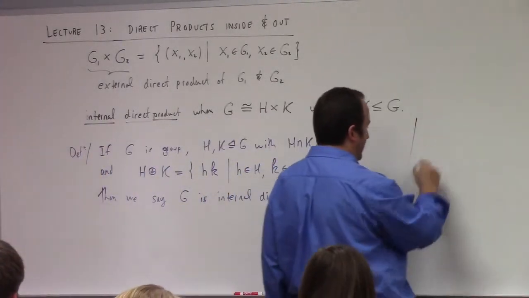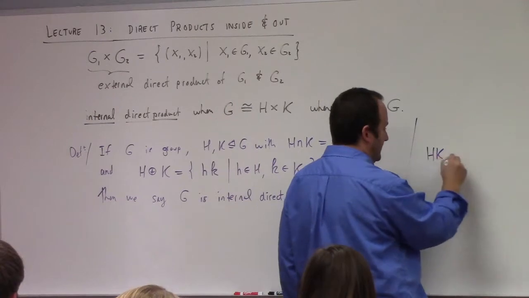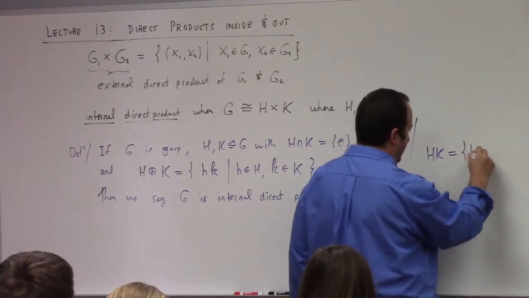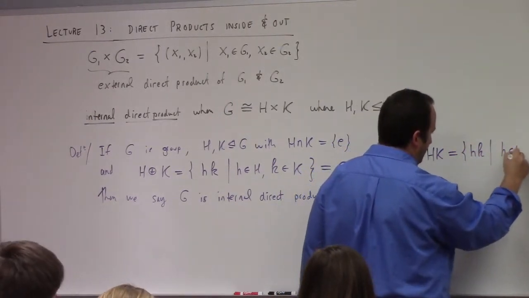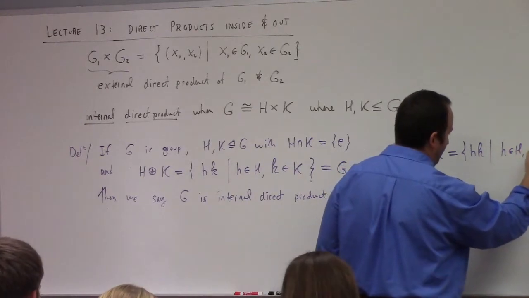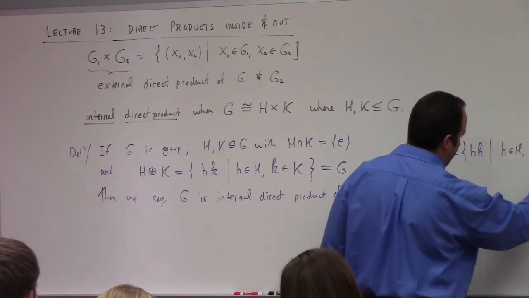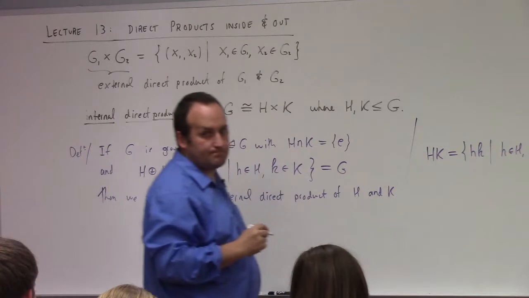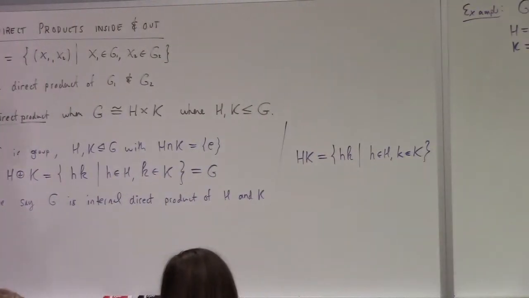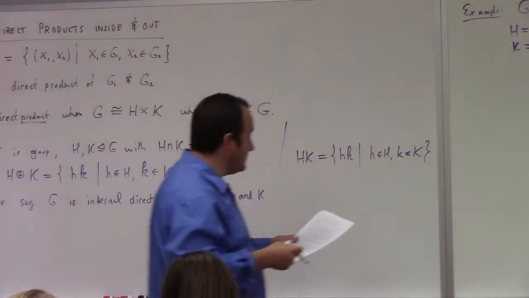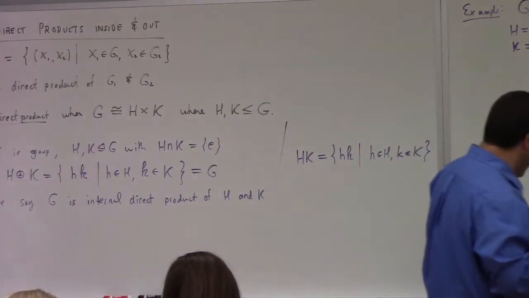So HK is by definition the set of products hk such that h is in H and k is in K. That's how we define the product of subgroups. So you could ask questions like, is the product of subgroups a subgroup? I don't know. Maybe. Sometimes, for sure.